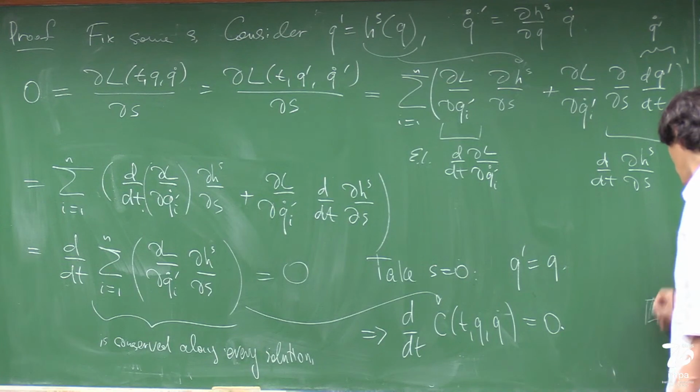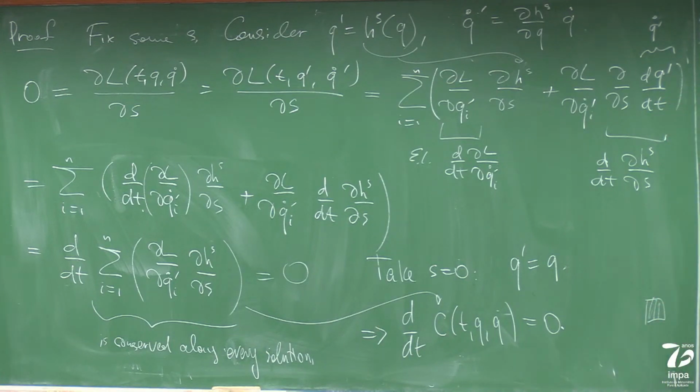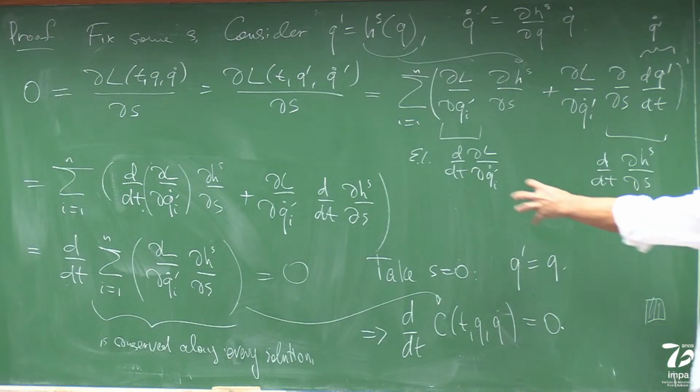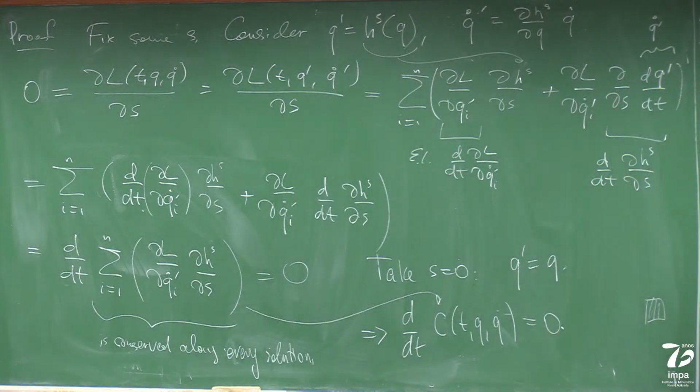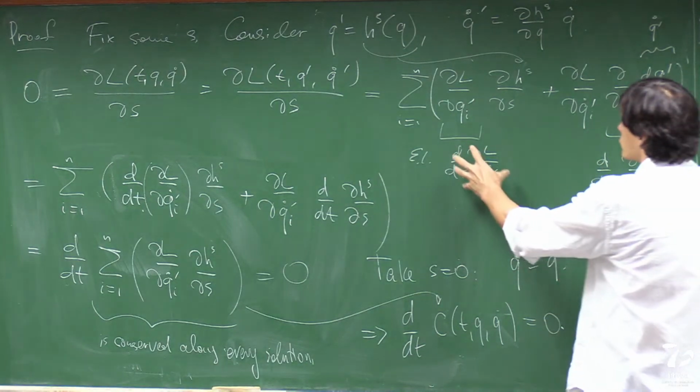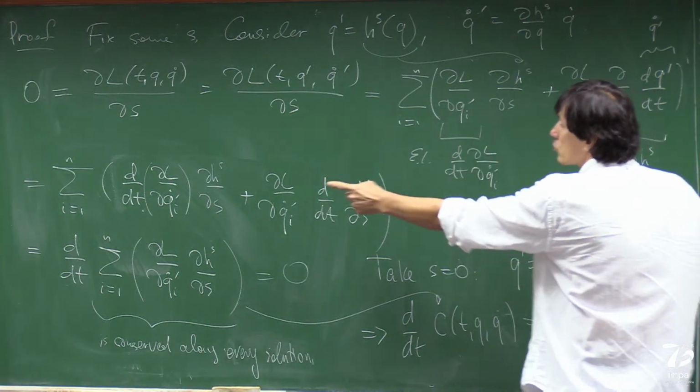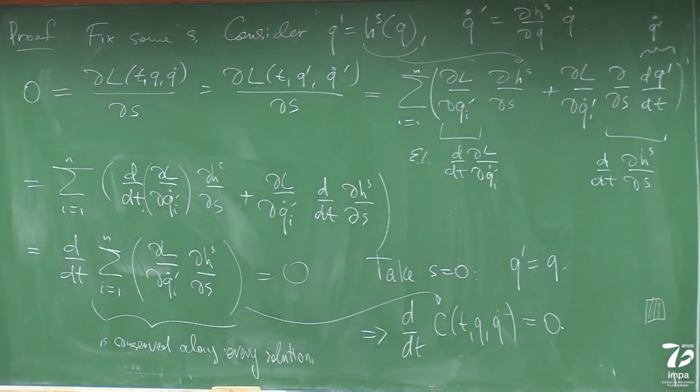The proof is short, but you have to think about it several times maybe in order to see it. It is just some play with the derivatives, putting it in the right way, and in one place you use the Euler-Lagrange equations, where you substitute the q derivative with the q dot derivative, and then it gives you a full derivative with respect to time.